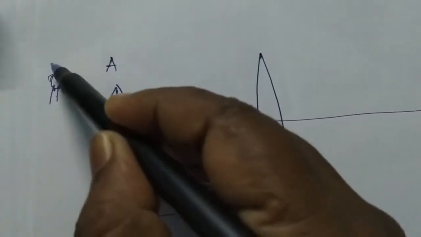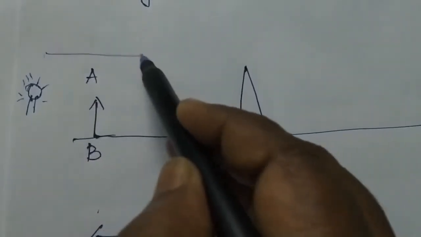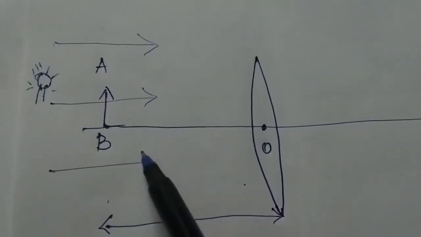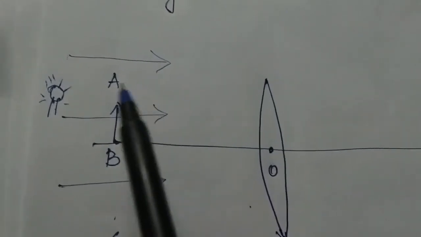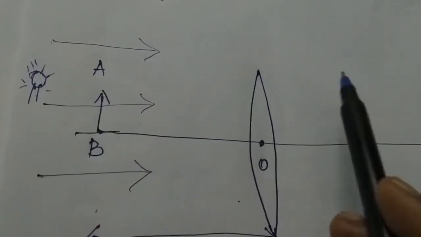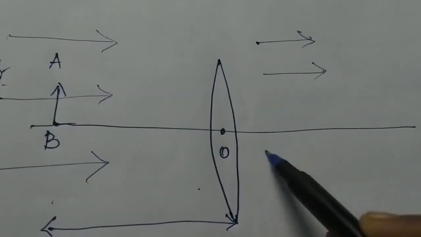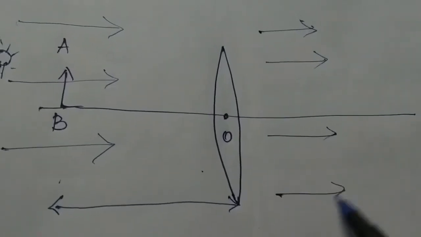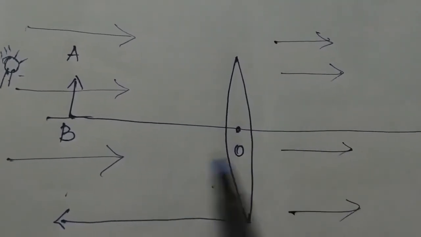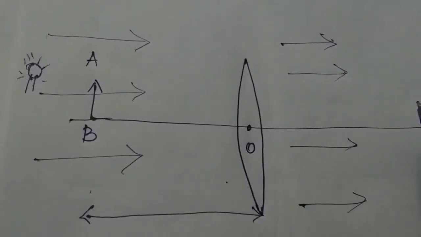The light rays are coming in this direction, so the distance measured in the same direction, it will go like this, is taken as positive.